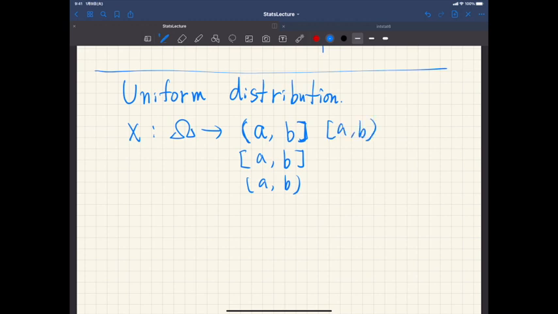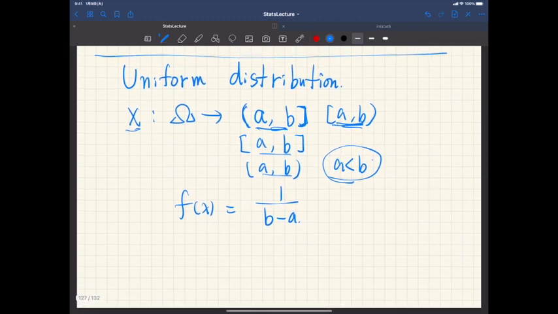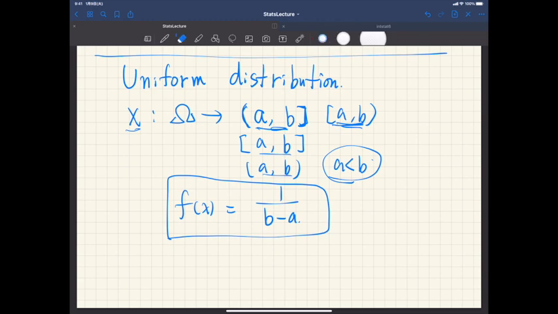But anyway, if there is an interval, and if this continuous random variable takes any values between these a and b, then if the density function is given by this, of course b is supposed to be greater than a. If the density function is given by this formula, then we say this random variable x follows a uniform distribution between a and b. So we write x follows uniform.